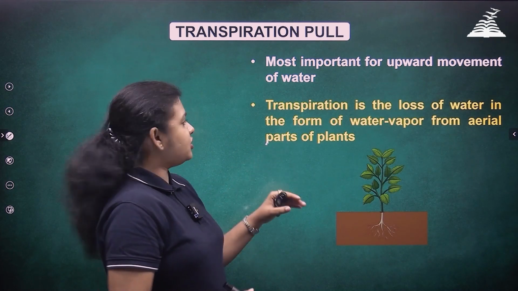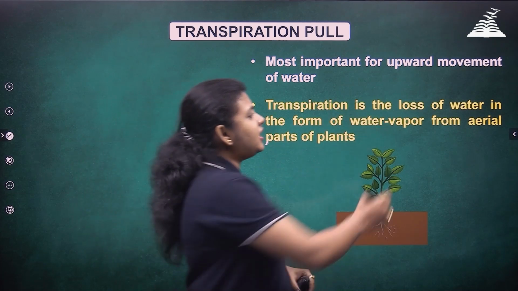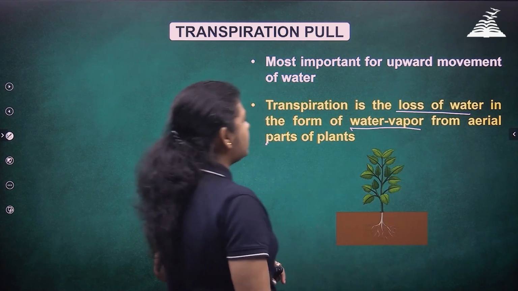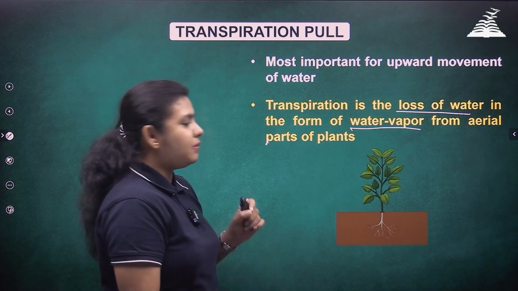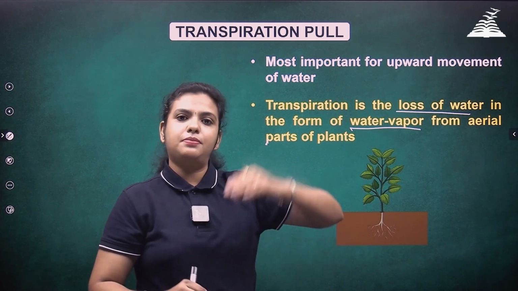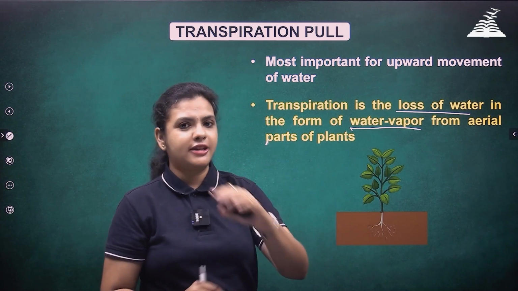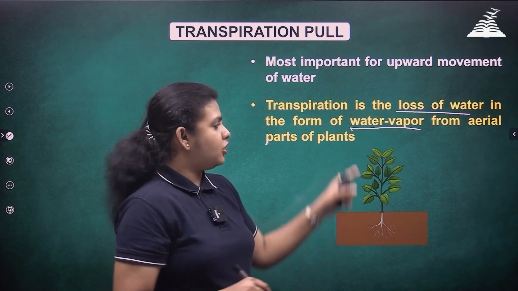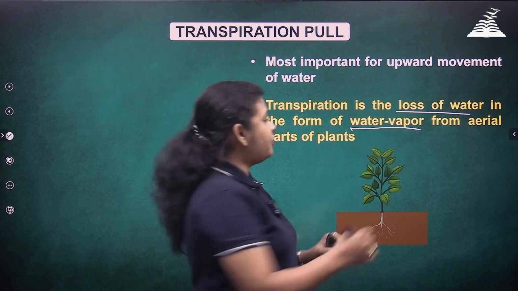What is transpiration? Transpiration is a loss of water in the form of water vapor from the aerial parts of the plant. What is an aerial part? Any part of the plant which is present above the soil is an aerial part. Usually the maximum amount of water loss is going to happen with the help of leaves.